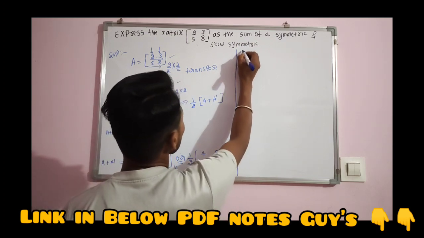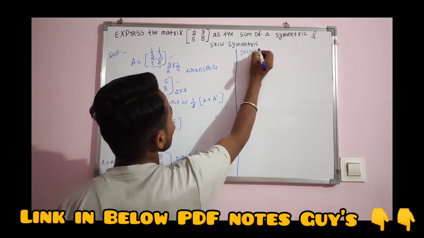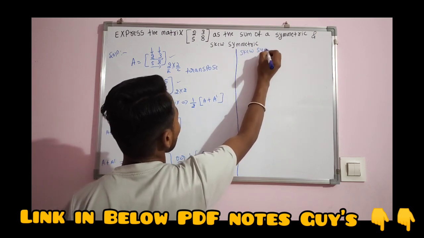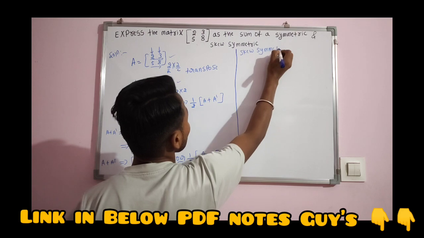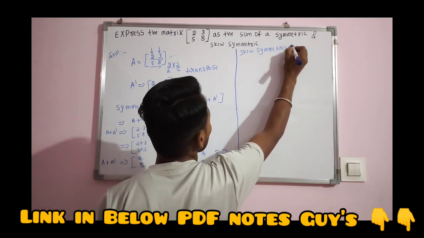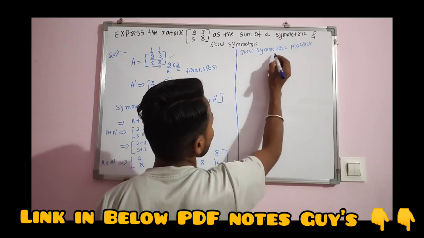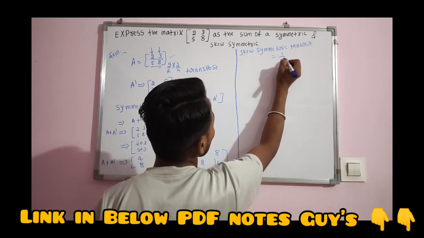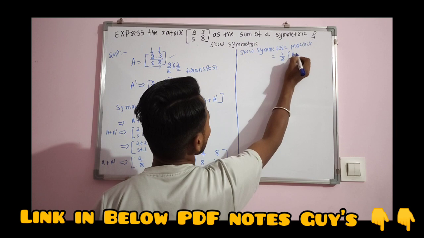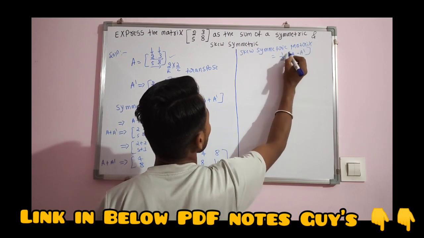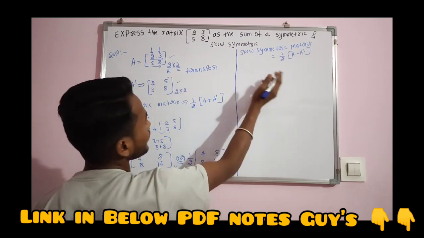Then how to find the skew symmetric matrix? Skew symmetric matrix. So here the formula is 1 by 2, A minus A dash.